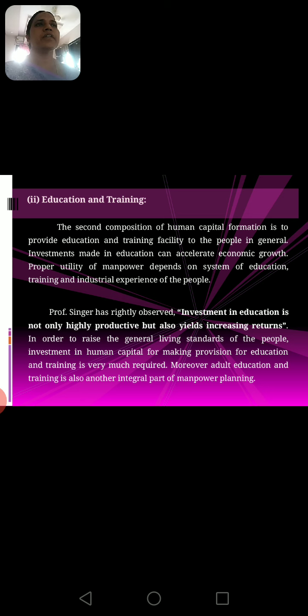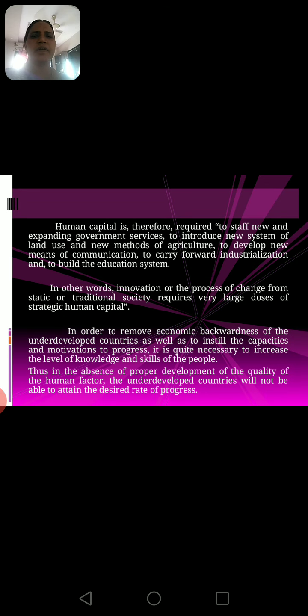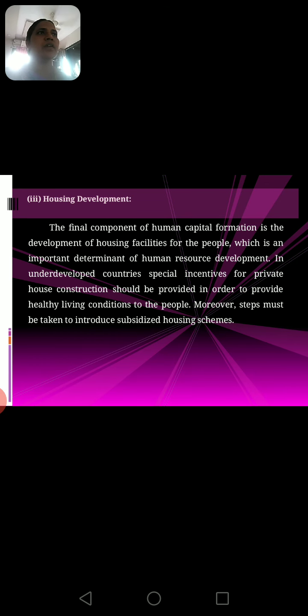So, third one, housing development. The final component of human capital formation is the development of housing facilities for the people, which is an important determinant of human resource development. In developing and underdeveloped countries, special incentives for private house construction should be provided in order to provide healthy living conditions to the people.